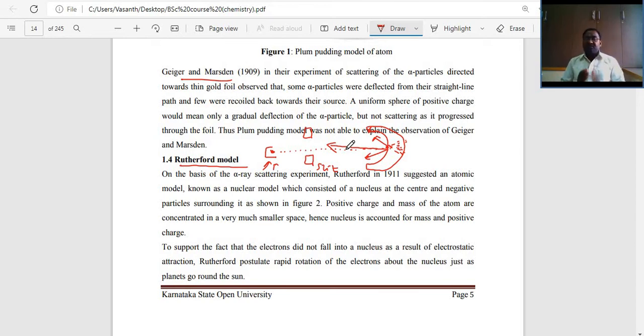On the basis of this alpha ray scattering experiment, Rutherford in 1911 suggested an atomic model known as the nuclear model, which consisted of a nucleus at the center, with negative particles surrounding it.